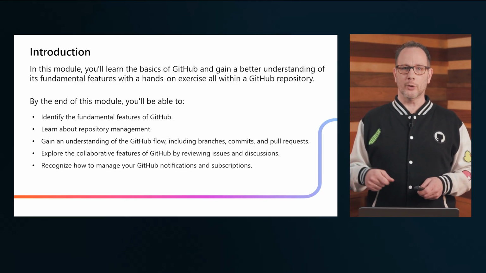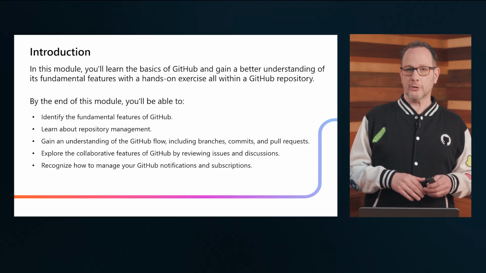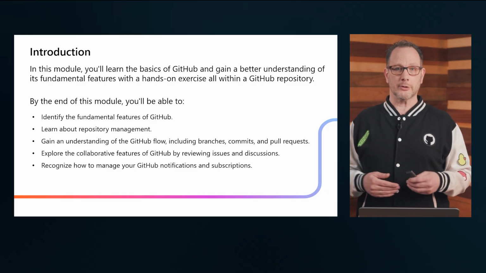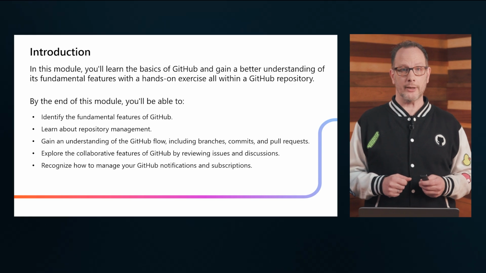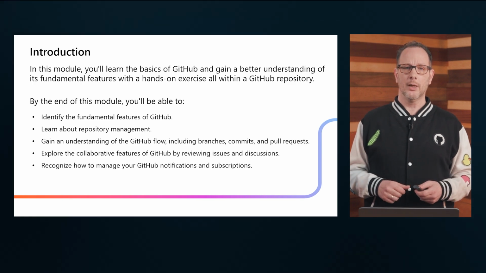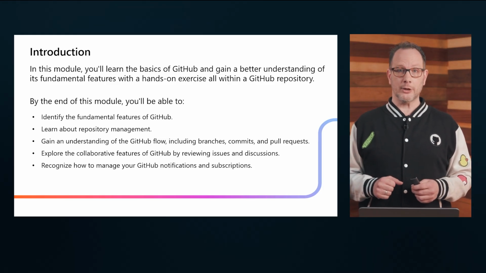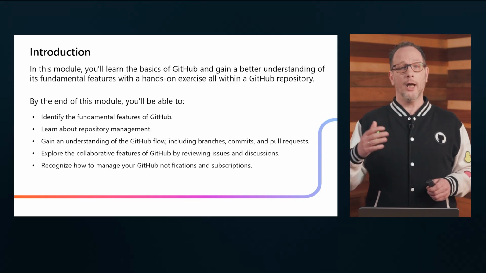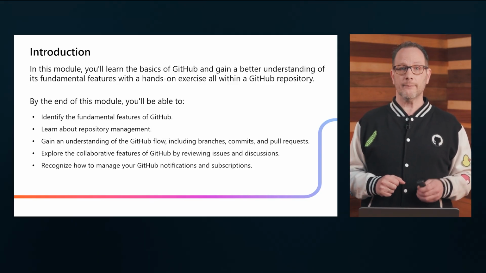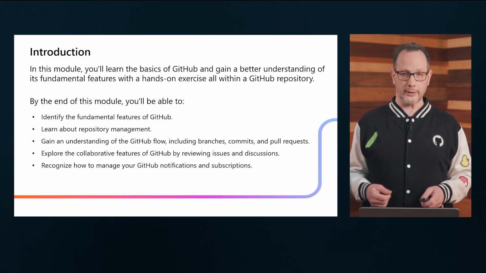In this module, we'll look at each of these elements in depth, not just from a conceptual standpoint, but through real examples that connect directly to how developers and DevOps engineers like yourself actually work. By the end of today's session, you'll know how to create and manage repositories, how to use branches to isolate your work, how to structure meaningful commits, and how pull requests drive review cycles and code quality.